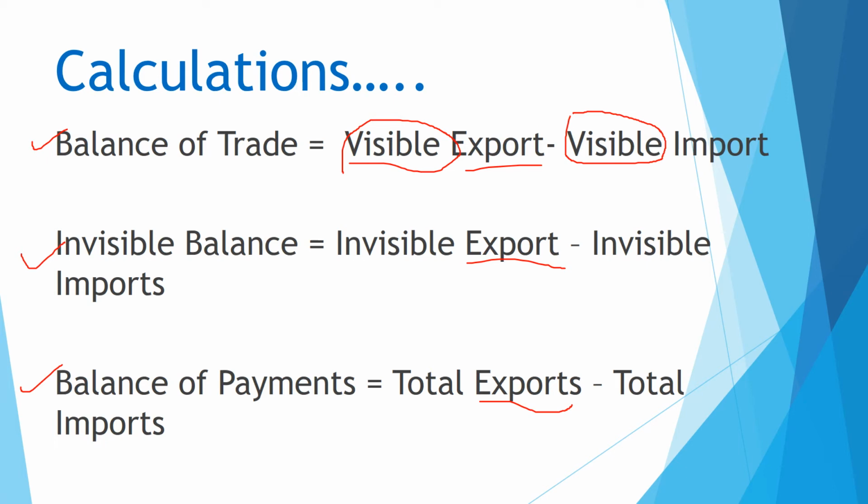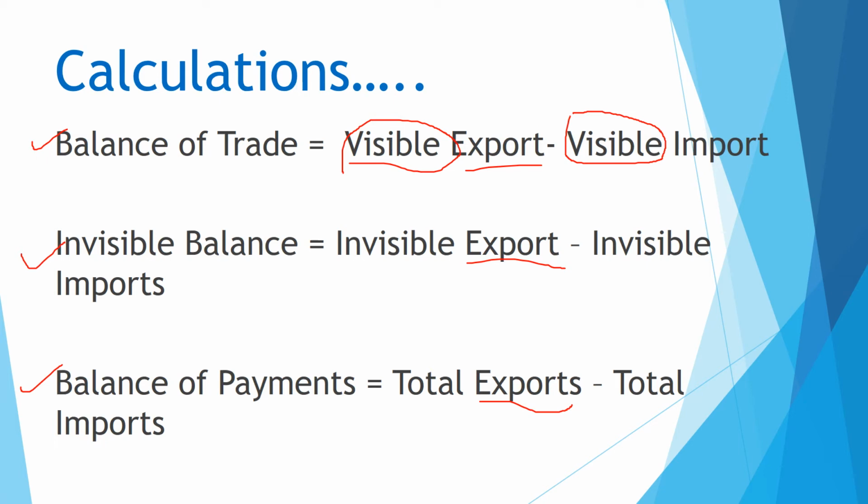Because these services, unlike goods, cannot be seen, they are collectively called invisible balances. So the difference between invisible exports and invisible imports would be your invisible balance.